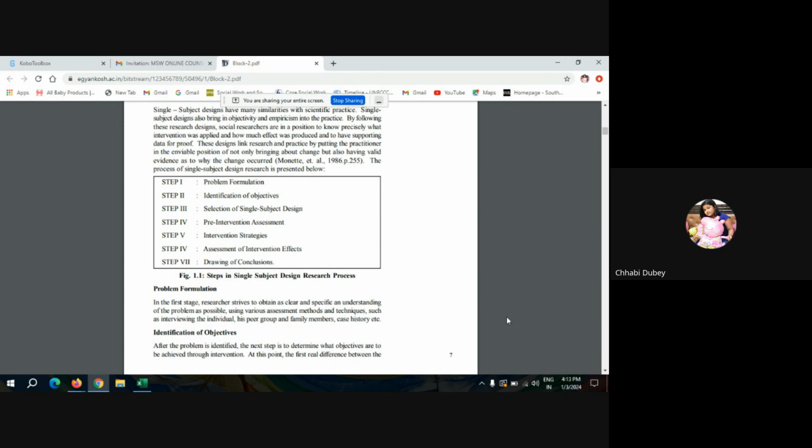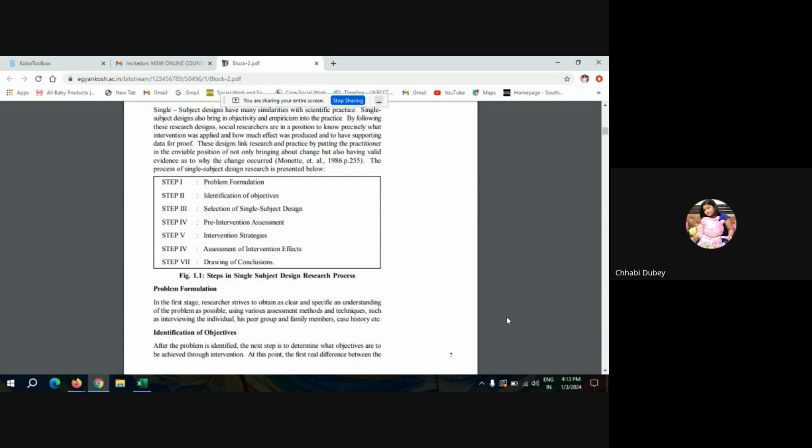You start with problem formulation, where you formulate exactly what the problem is. You identify the objectives based upon the problem that we have identified. After the objectives are set, we select the single subject design, that is, the quasi-experimental research design.